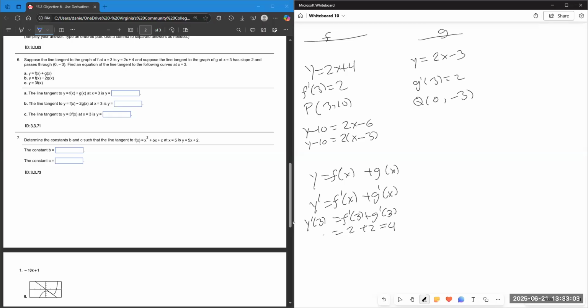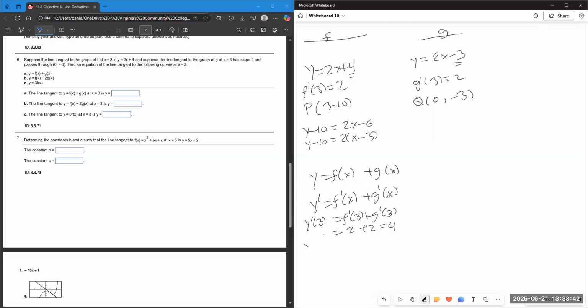Now, my y-intercept here is 4, and my y-intercept there is -3.